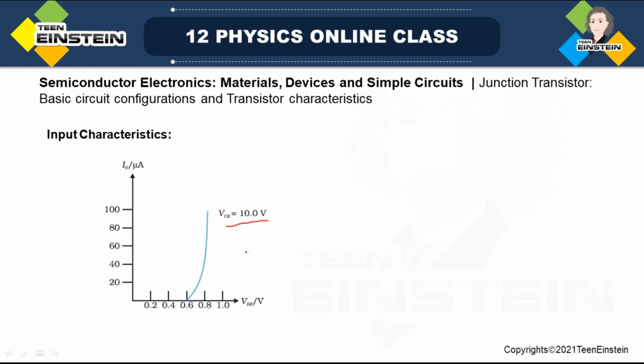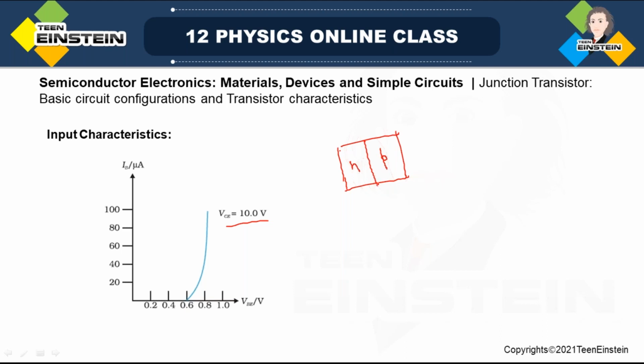Now look at one thing here. What is the nature of the curve? See what we are doing. Input means what? There is a BE junction, B and E junction. Here it is an NPN transistor, so N is emitter and base is P. So this is basically a PN junction.